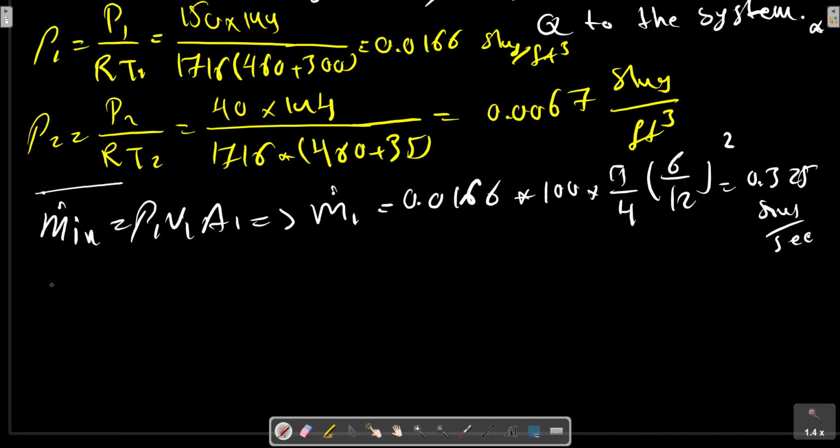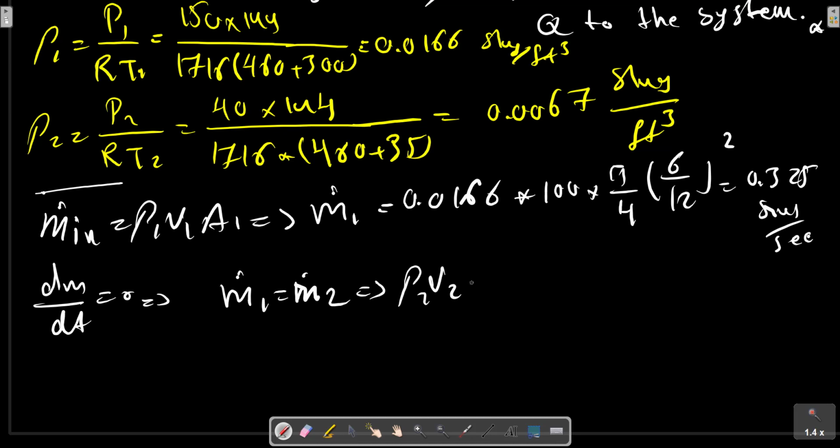This is the m dot in, and from the conservation of mass we have dm over dt equals 0, so m dot 1 equals m dot 2. So m dot 2 is rho 2 V2 A2 equals that.